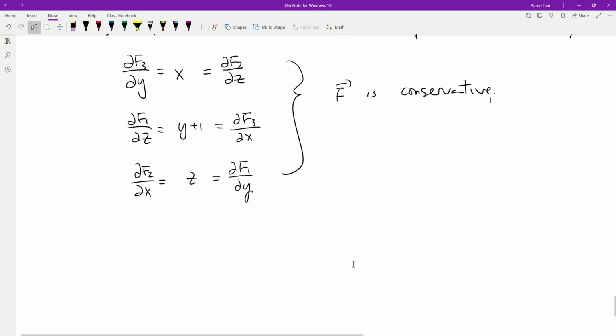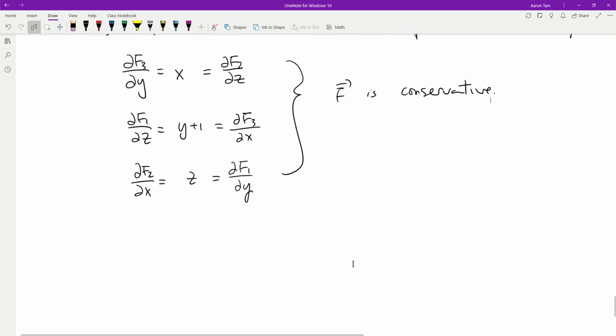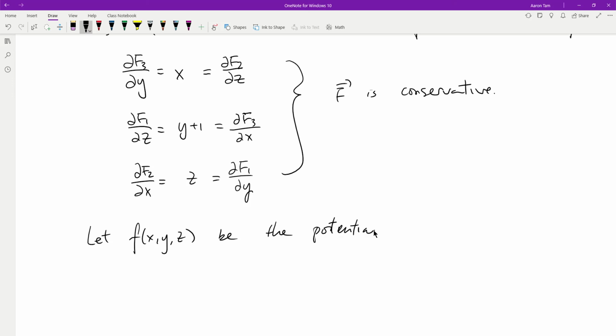So now comes the big question. How do I figure out what the potential function is? So let's do the same thing. I'm going to let f of x, y, z be the potential function of f.